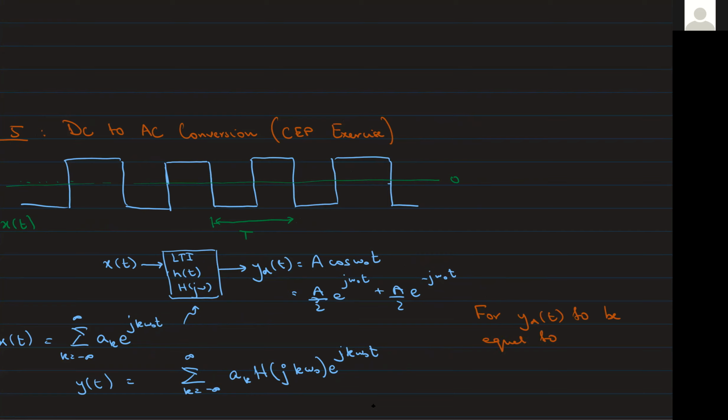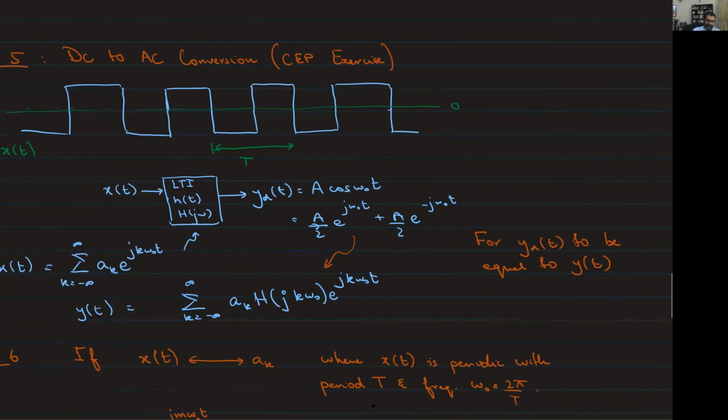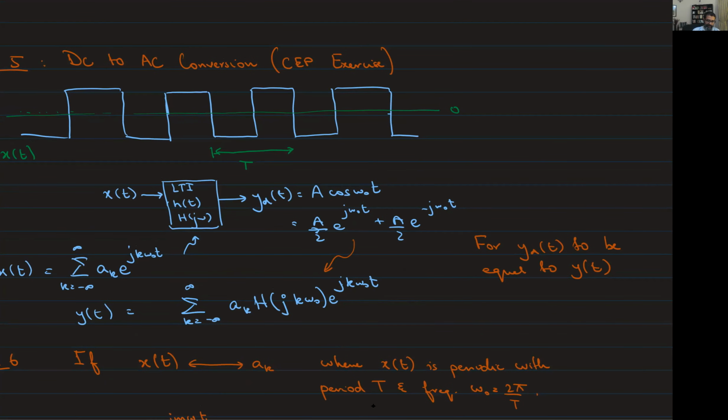If I want to ensure that y of t becomes equal to this, I just do exactly what we did earlier, which was compare coefficients. And perhaps people have trouble understanding, कि यार इस summation का क्या मतलब है? What does this summation mean?